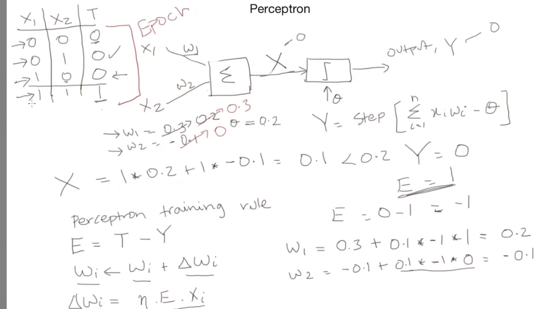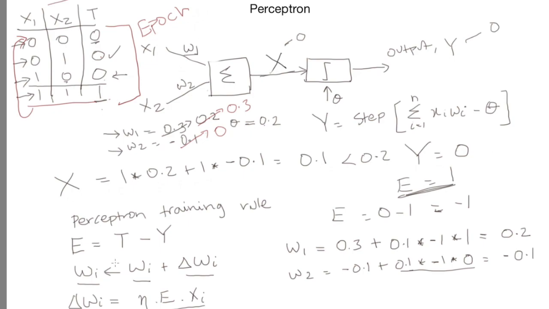And after this instance, we go back to the very first instance with the revised set of weights and keep training the network until the weights converge to a certain set of values whereby the error is reduced to 0 in all the training instances. So that's when we say that the neuron has learned to generalize this function.